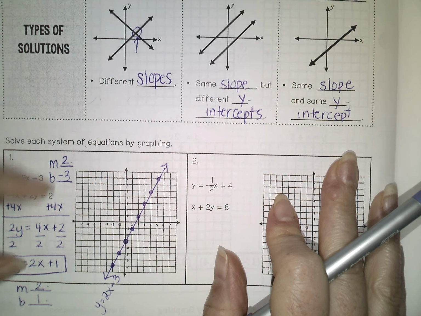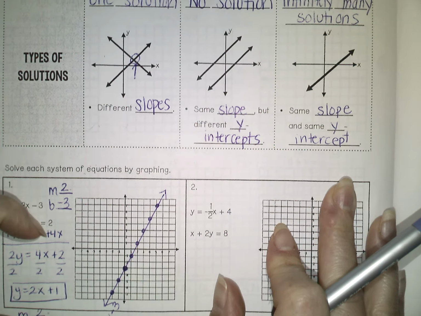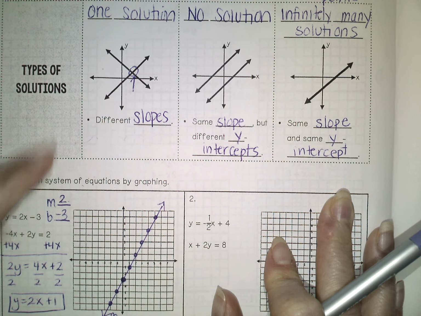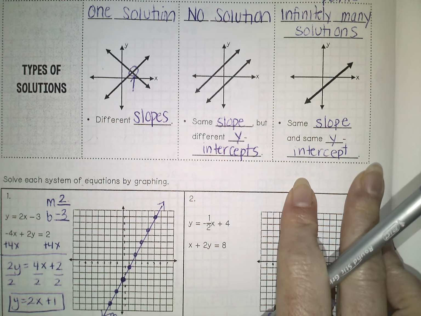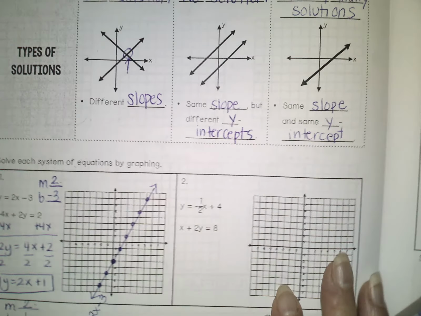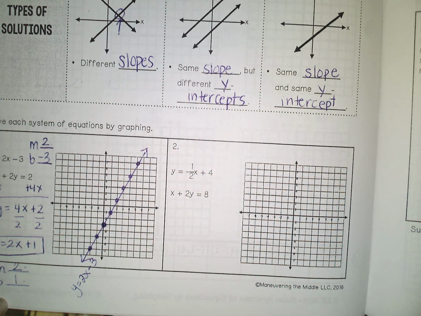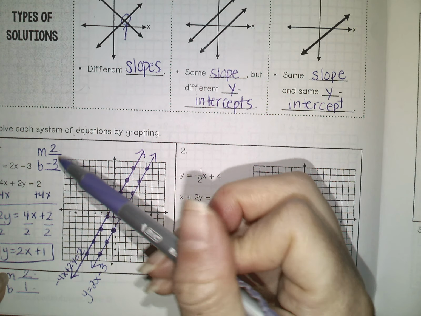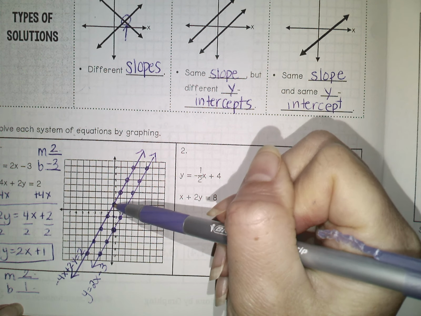Based on what we discussed up here, these both have the same slope but different y-intercepts. So what do you think this graph is going to look like? Do you think it's going to be a one solution, a no solution, or an infinitely many solution? This is going to be a no solution, as you can see on the graph here, because they both have the same slope.